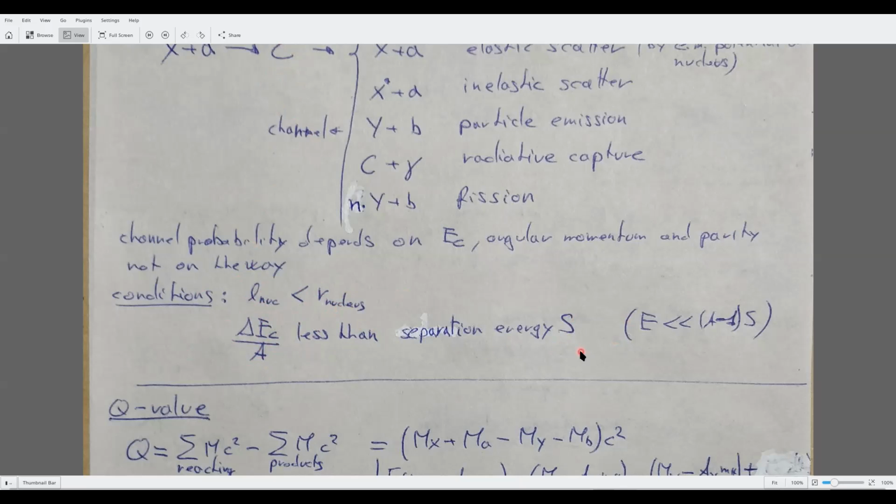It means that you're not giving too much energy, which would permit directly extracting a particle.